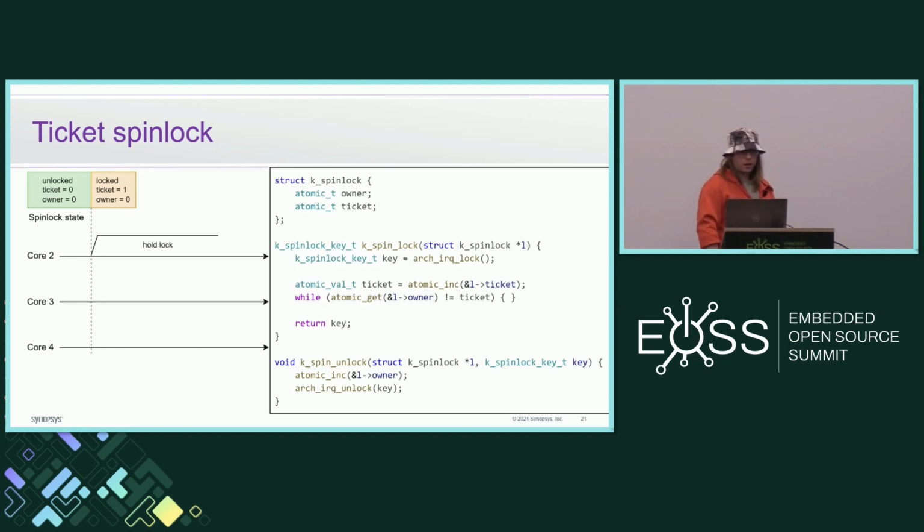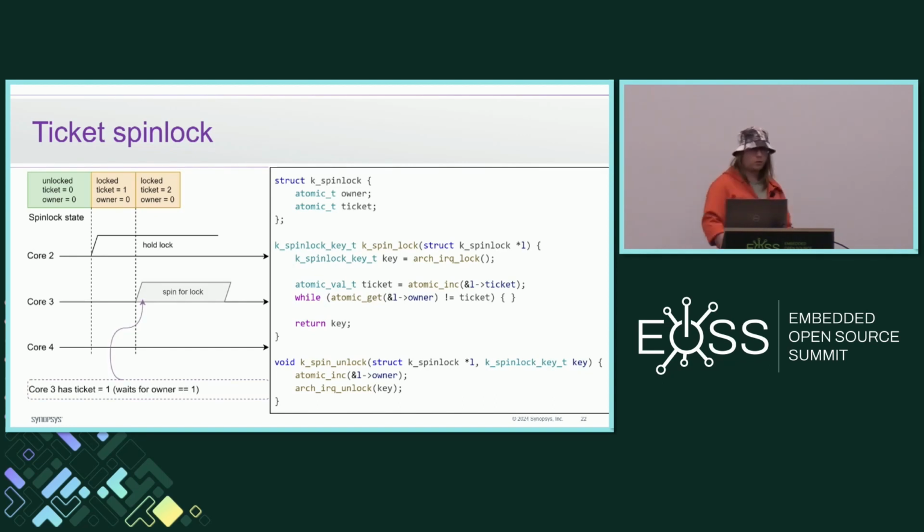And after that, we check the condition. If the owner is the same as the old value of the ticket, we can get this spinlock. In this case, previously ticket was 0, owner was 0, so core 2 gets the spinlock and holds it for some time. After some time, core 3 also wants to grab the spinlock.